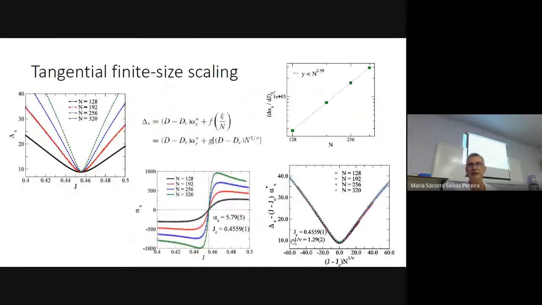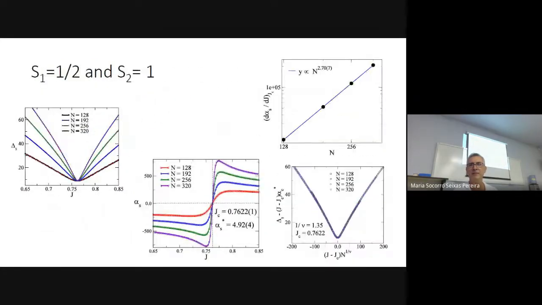So our scaling analysis is very accurate indeed, and the correlation length exponent was 1.35. We still have to look at the accuracy of this critical point and critical exponent to put some error bars. So we are doing this right now.